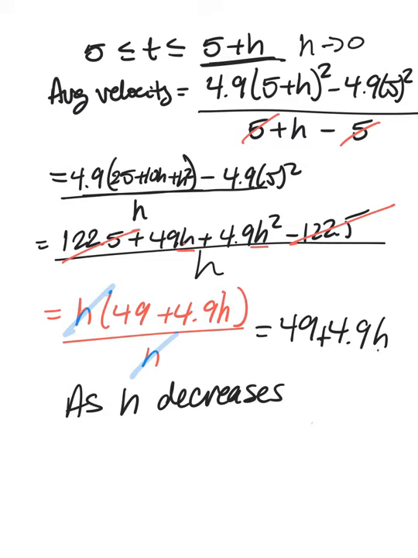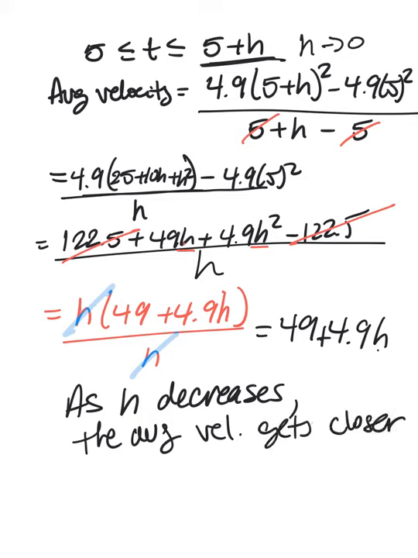Like we said, that 4.9 times 0 is gone. My average velocity gets closer to 49. And there you go. That's a limit. You just took a limit, the actual mathematical proof of it.